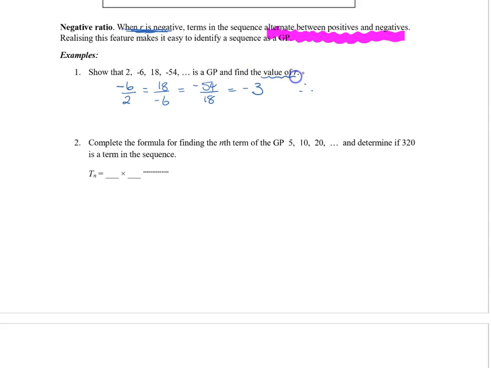Therefore, and don't forget it says find the value of r, r is equal to -3. And you can imagine, start with 2, multiply it by -3. Of course, you'll get -6. But multiply that by -3, you get +18.